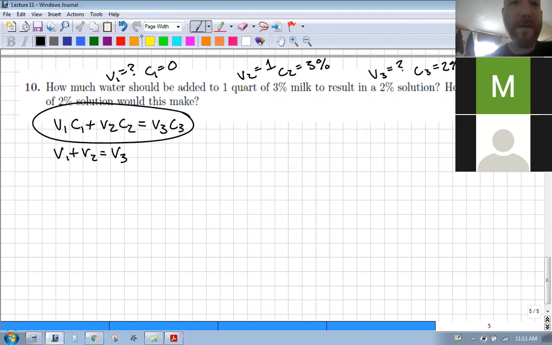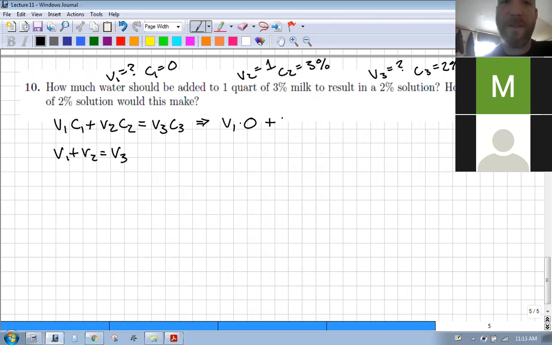But this guy up here, let's see what we can do. Let's plug in some numbers here. We don't know V1, but we do know C1, right? V2 is 1 times 3%. We don't know V3, but it's at 2%. Okay, just looking at that, they made it really easy for us because they made this one 0.